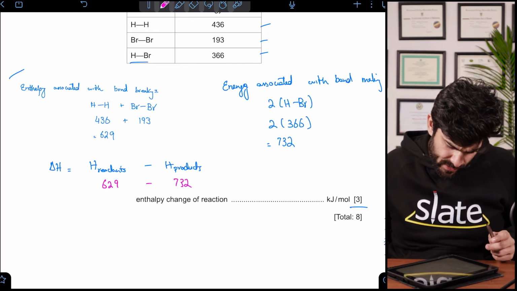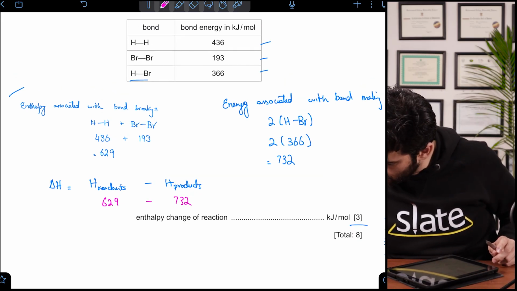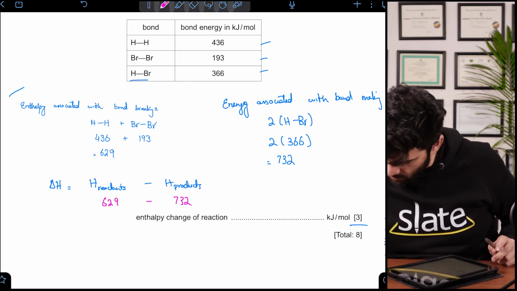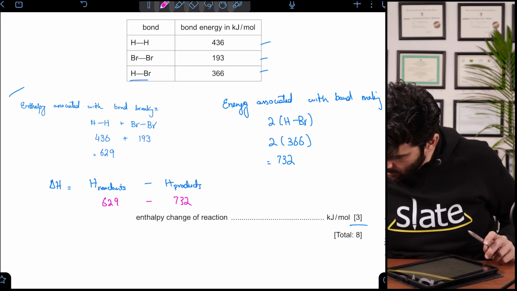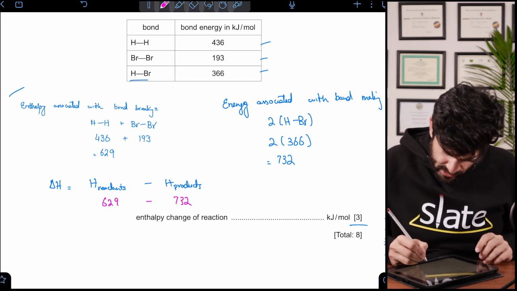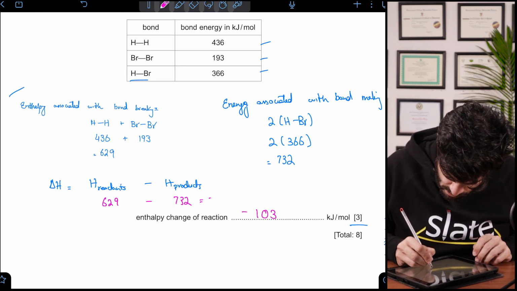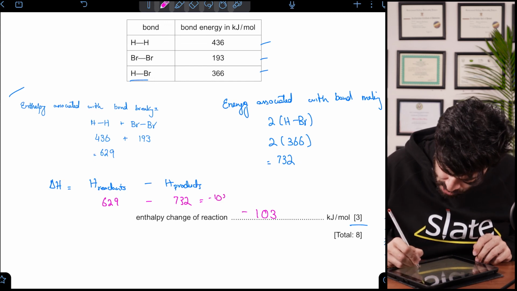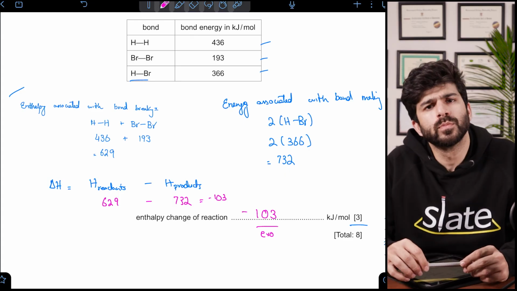And the answer will be, let me check if it's the right one, 436 plus 193 is 629, 366 into 2, that's perfect, 732, that's a negative 103 value. So this is an exothermic reaction, students. That is all what you need to do.